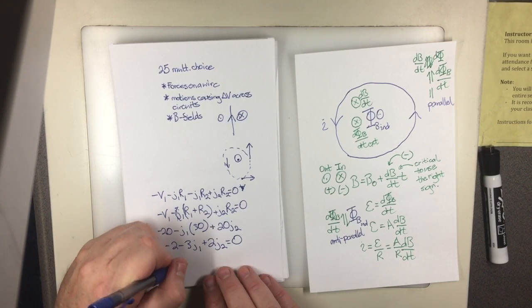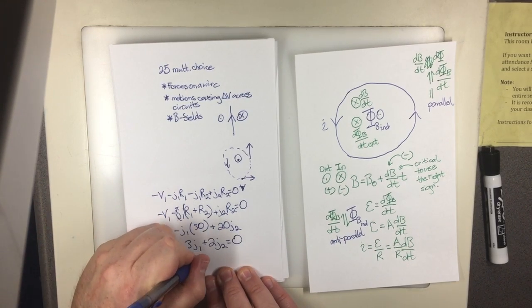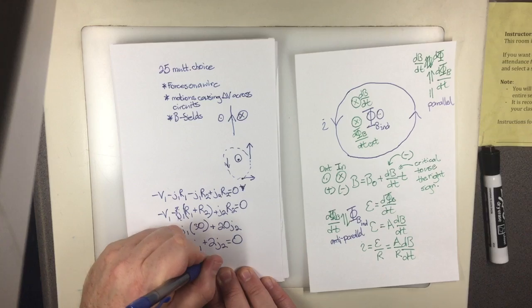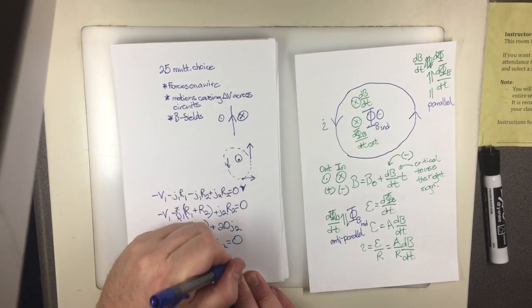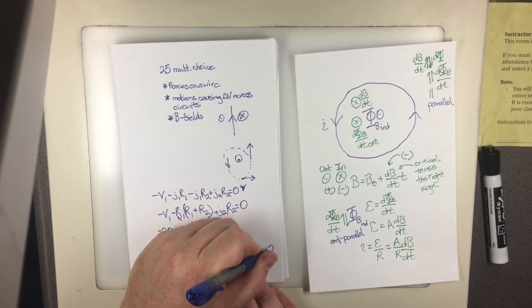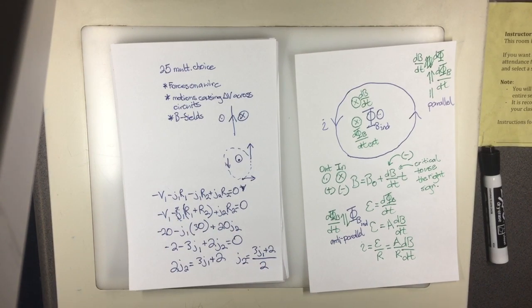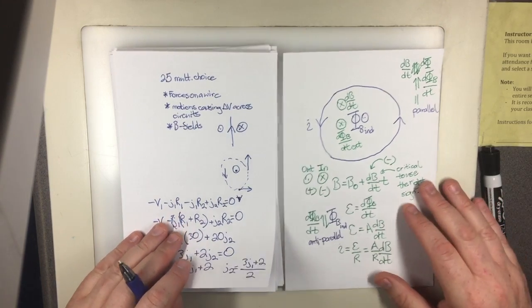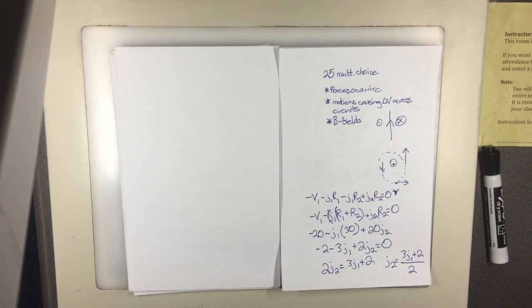We could solve for J2. J2 is equal to 3J1 plus 2, and then J2 is equal to 3J1 plus 2 over 2. Now for loop 2.